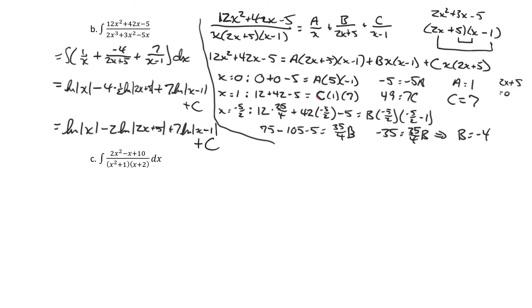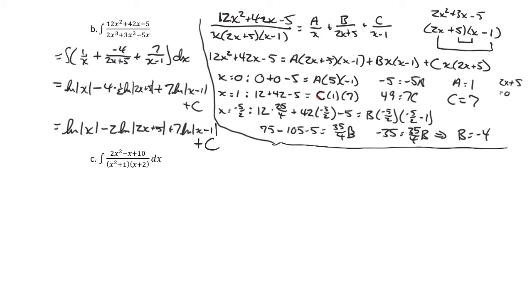Each of the 2 examples we've done have had linear factors for the denominators. This next one we have a linear factor and a quadratic factor. So this is going to be slightly different, and our end result is going to be slightly different as well. All right, so let's build a barrier there.